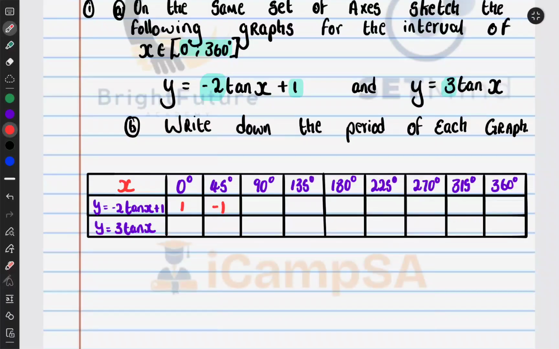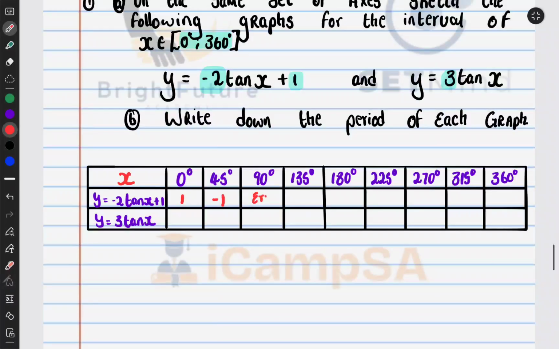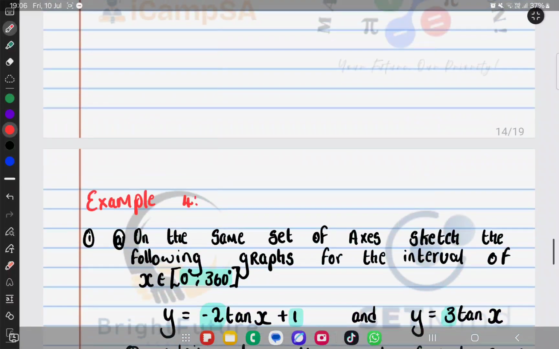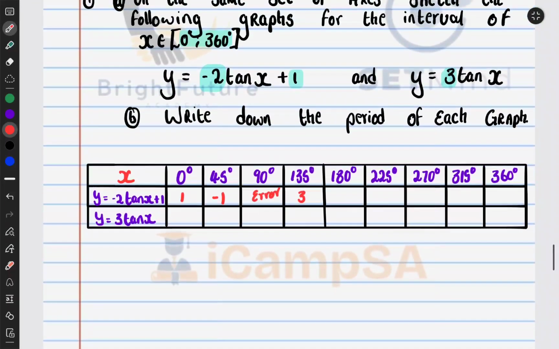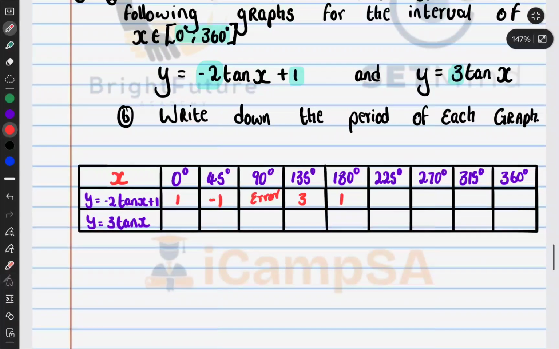At 90, we get an error, an asymptote. At 135, we get a 3, and at 180, we get a 1. At 225, we get a negative 1.